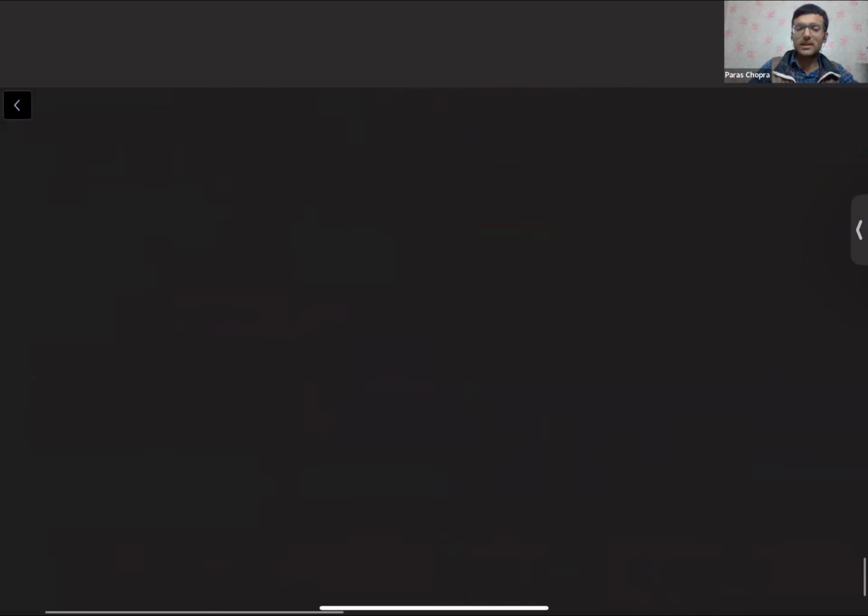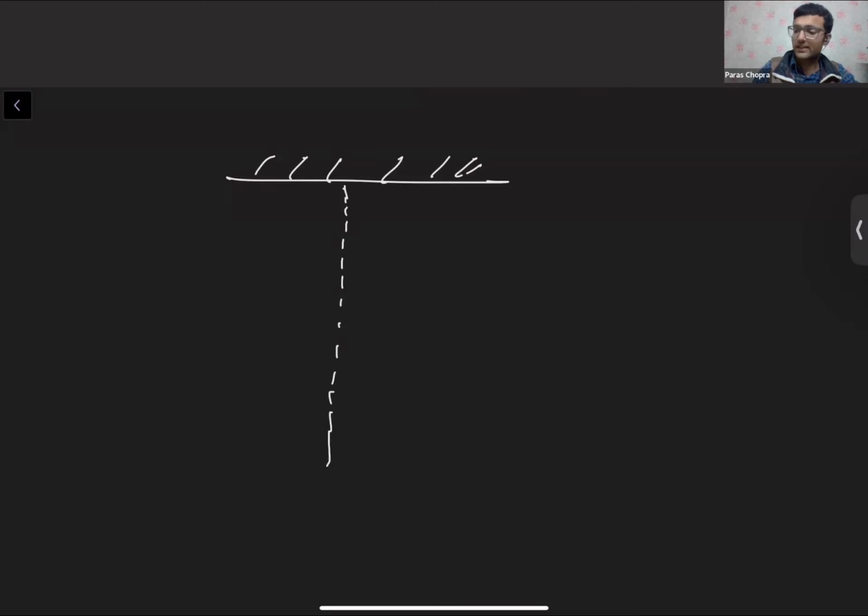Then after this comes the 3D pendulum. So a 3D pendulum is suspended by a thread, but instead of moving left and right, it goes around in a circle like this. And again, the maximum angle is theta.